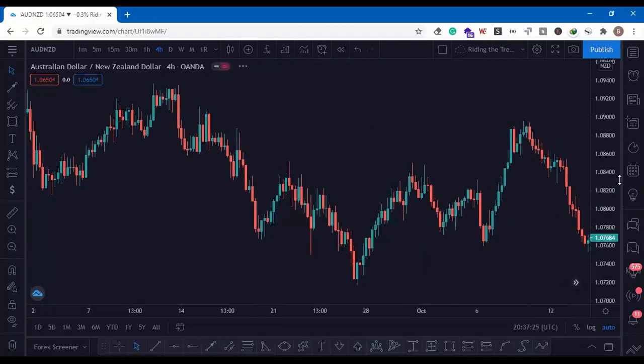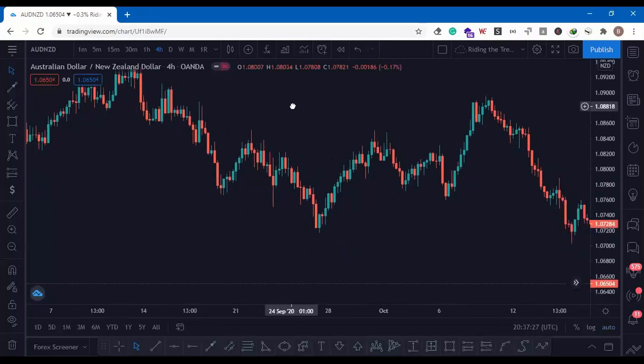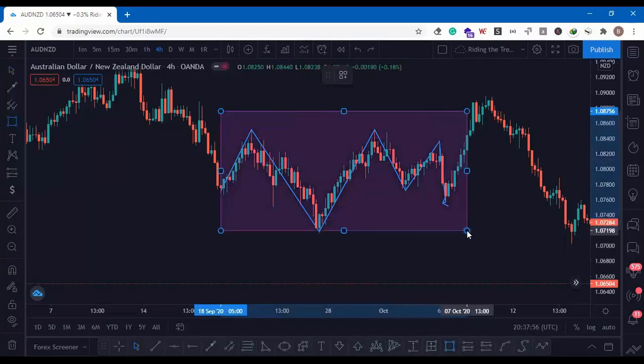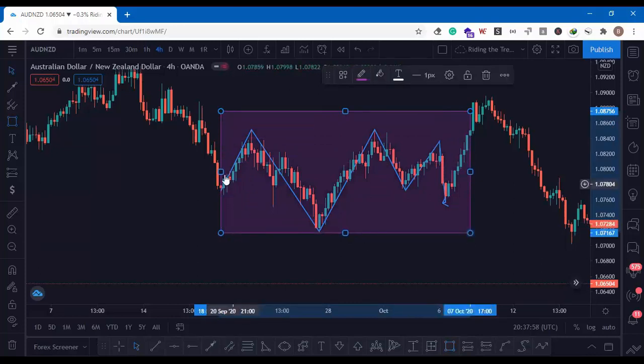And we can look at it as the choppy market. Price goes up, comes down, goes up, comes down. Even though it's not uniquely a choppy market, we can still see that price was going up and down within this range.